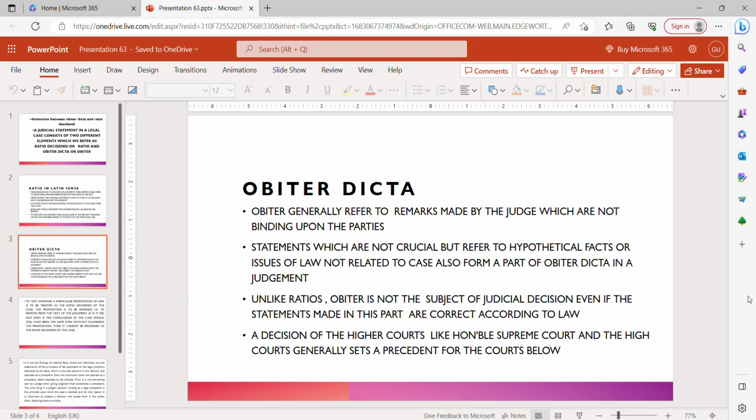Unlike ratios, obiter is not the subject of judicial decision, even if the statements made in this part are correct according to law. A decision of the higher courts like the Honorable Supreme Court and the High Courts generally sets a precedent for the courts below. So they have to follow the precedents of the higher courts.